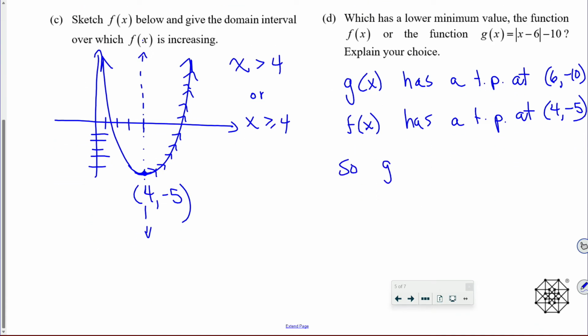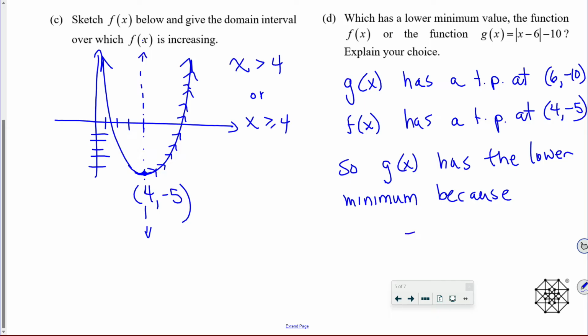So g of x has the lower minimum because, if you will, negative 10 is less than negative 5.